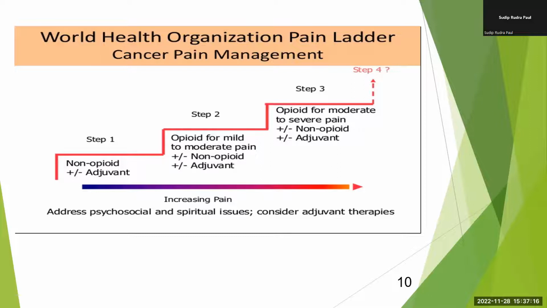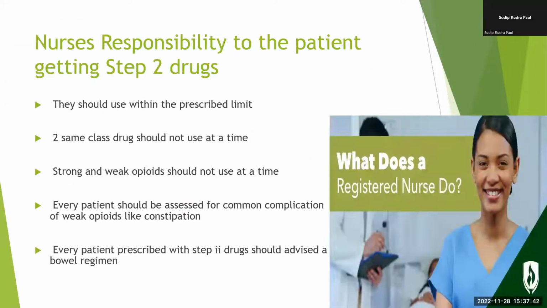Together it comes as a step 2 drug. Very few times tramadol comes alone, but in the market it's available together with paracetamol, and paracetamol is a non-opioid. That's why plus minus non-opioids is written here. I think all of it is clear for you all.